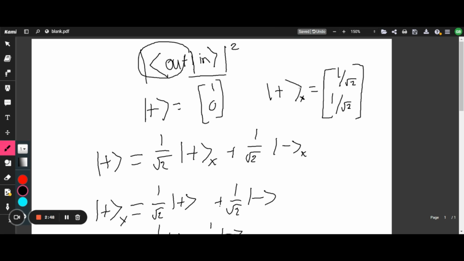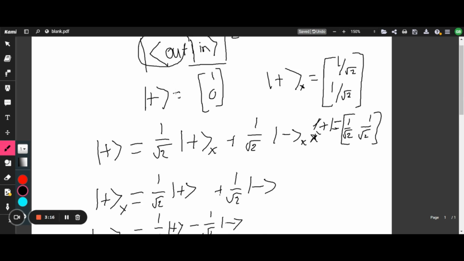And so just converting this to its bra form, we just flip it on its side. So we get the x direction as 1 over square root 2, 1 over square root 2. So now we'll go ahead and complete the probability.